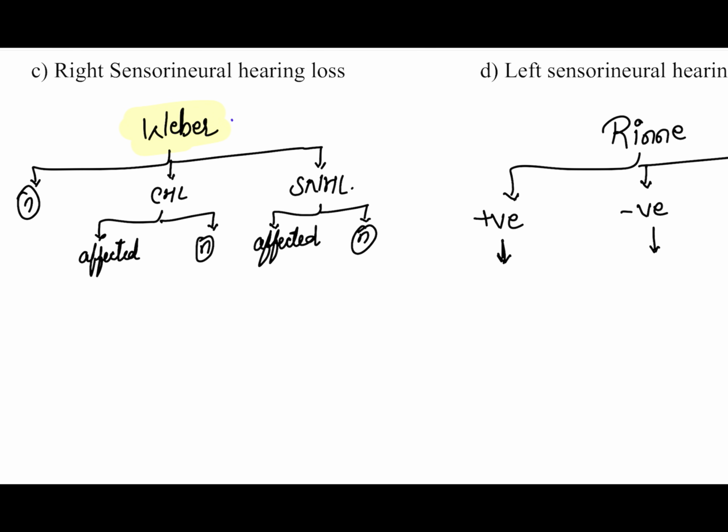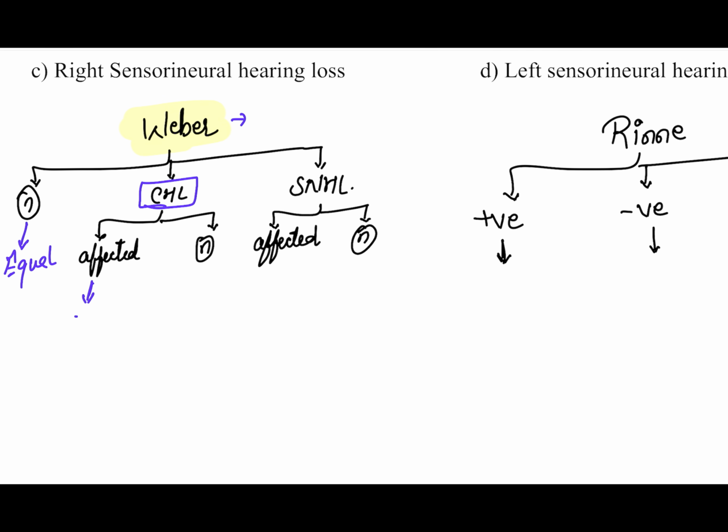In the Weber test we use a tuning fork and put it in the center of the head, and if the person is normal, he will hear equal sound on both sides, or he will hear it in the center of the head. Next is a person with conductive hearing loss, meaning he has a problem with the external ear or middle ear, so conduction is the problem.